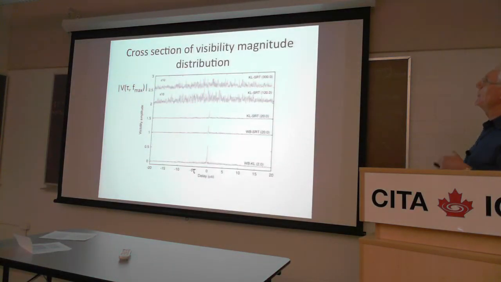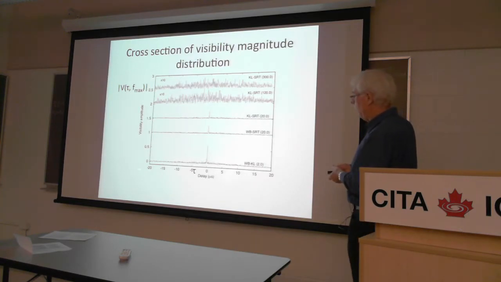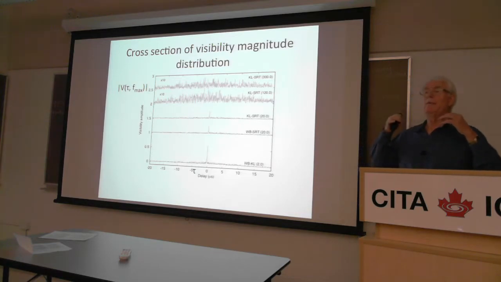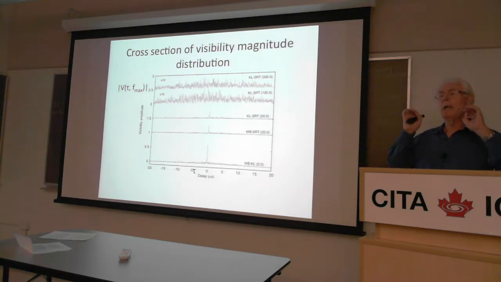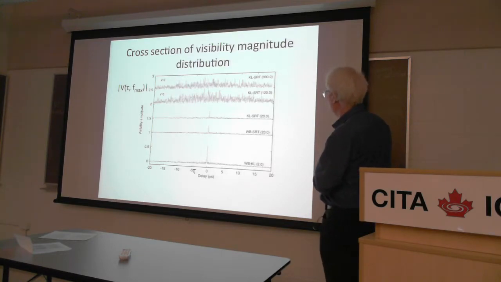Okay, so this is a typical cut through that distribution. So you see you have only delay here, and it was at the fringe rate where we got the maximum. This is now in terms of baseline length. So this is a very short baseline. It's just Westerbork in Holland and Kalyazin in Russia, close to Moscow.